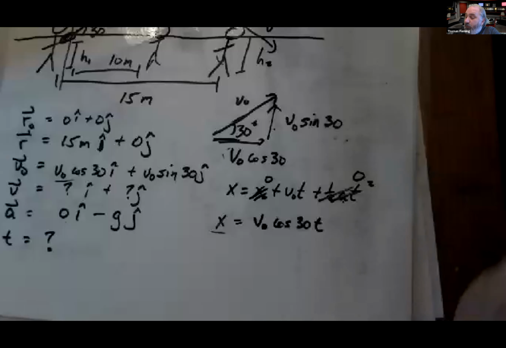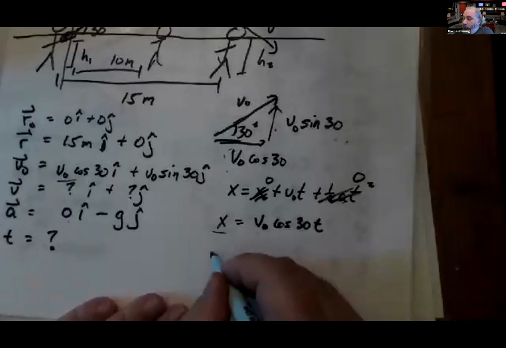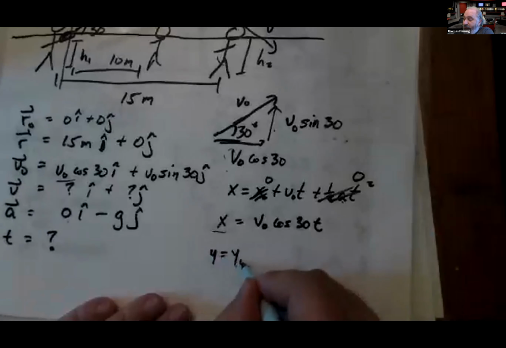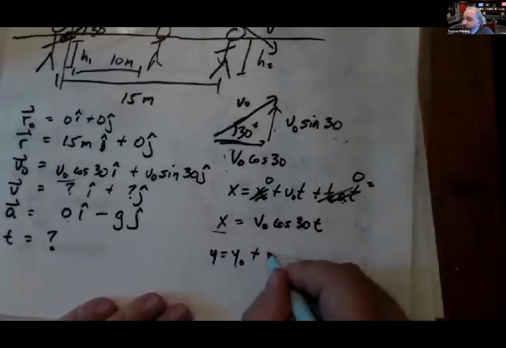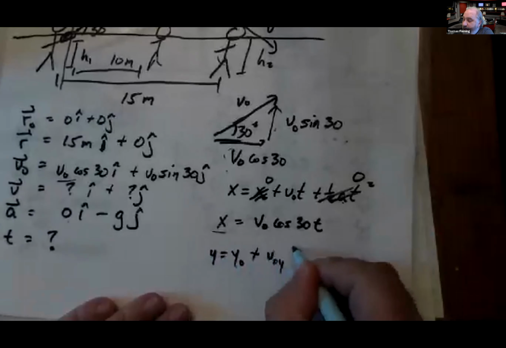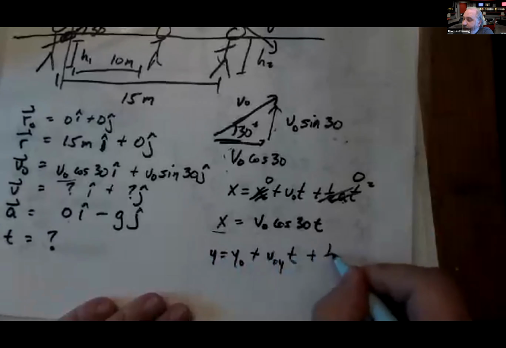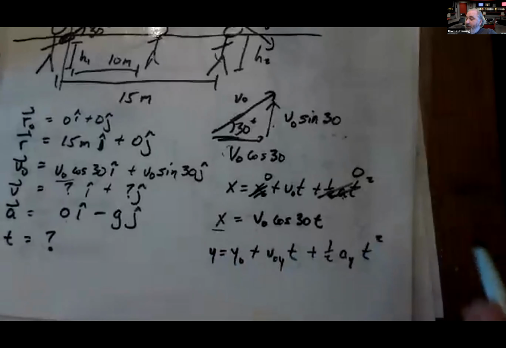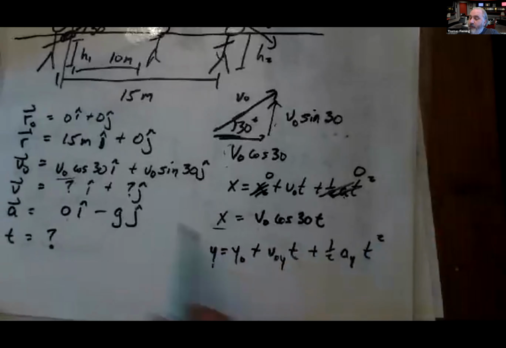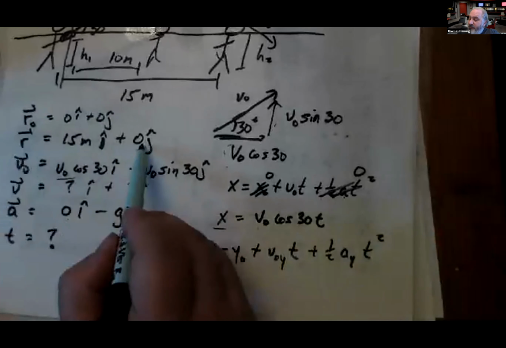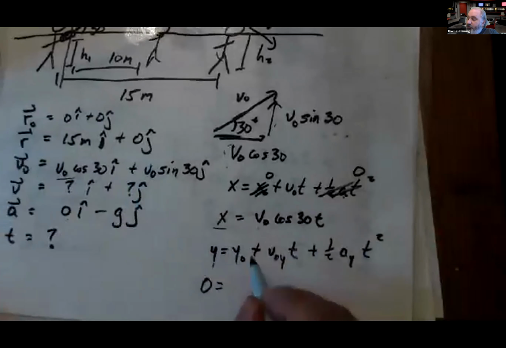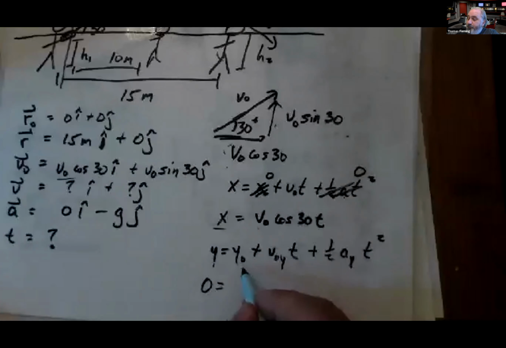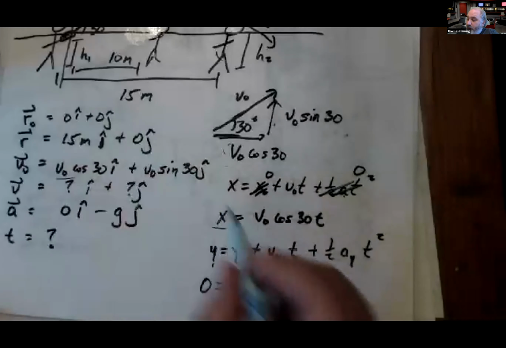Let's do it in the y direction now. In the y direction, the final y position equals the starting y position plus the initial velocity in the y direction times t plus 1/2 times the acceleration in the y direction times t squared. Now, what's the final position in the y direction? Well, that's 0. The starting position in the y direction is also 0.